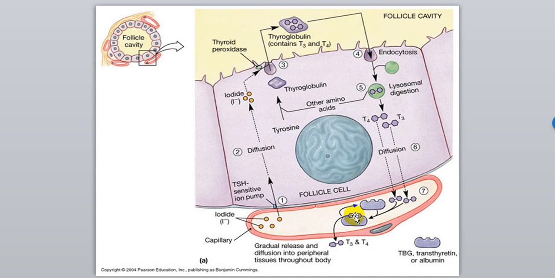As we said in the first lecture, the thyroid hormones are one of the general effect hormones, such as growth hormone. So most of the cells in the body need thyroid hormones to do their activity very well. So we need lots of blood vessels to provide each cell in the body with these hormones.